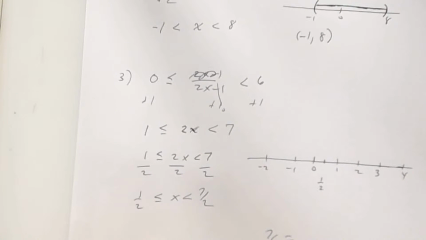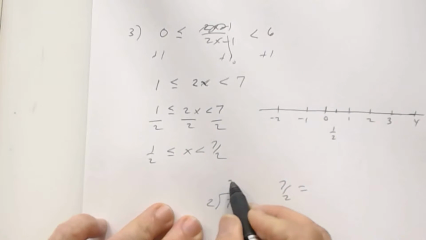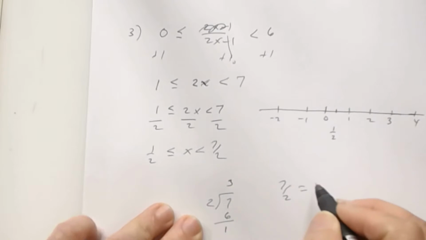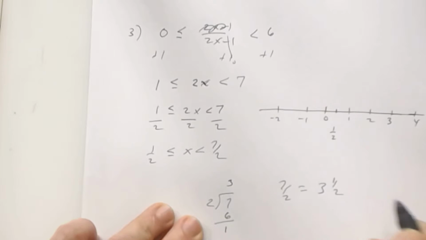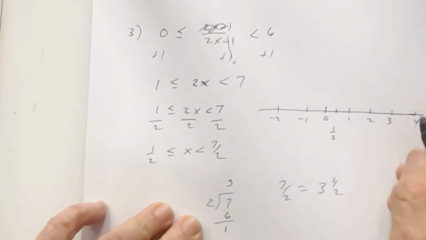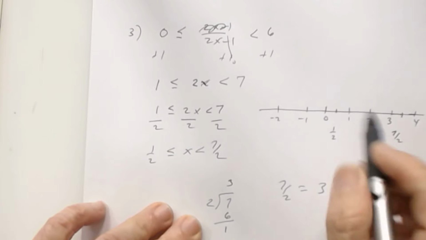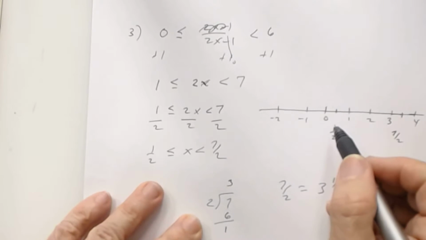So remember, 2 into 7. 2 goes into 7 how many times? 3 times, with a remainder of 1. So 7/2 is 3 and what? 1/2. So that's halfway between 3 and 4. So that's 7/2.